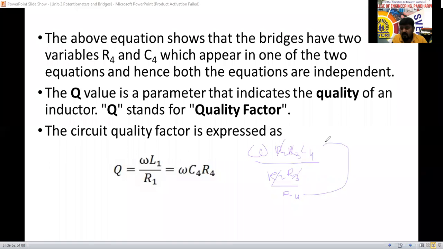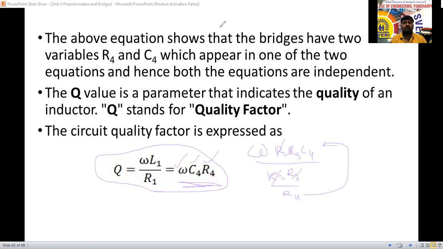When I send it here, it becomes omega C4 as it is, and R4 you send up. Is it correct? So we got the Q factor also, and we can derive the quality factor formula from this equation. This completes the Maxwell bridge.